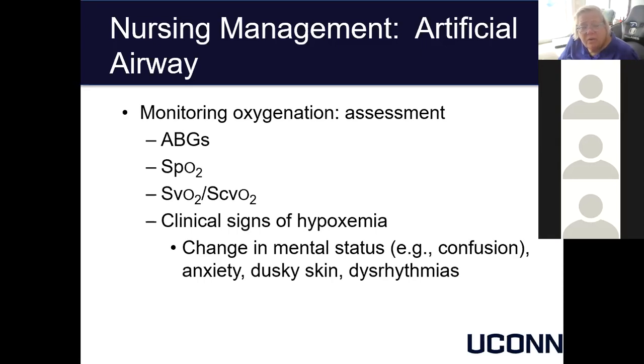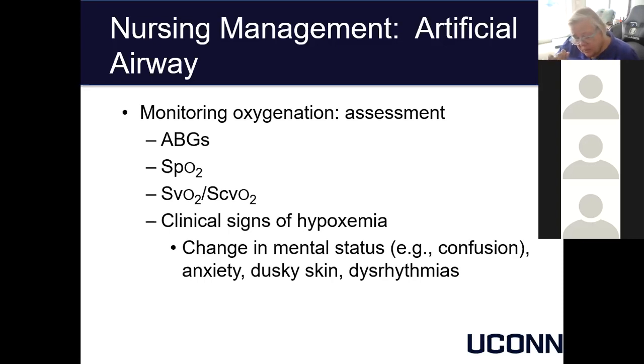But if they are into the chronic long-term stage, blood gases are not necessarily critical on an ongoing basis with a stable patient. And then we talk about the signs of hypoxemia again, changes in mental status. What starts as a little restlessness, a little anxiety can progress to confusion, to decreased level of consciousness.